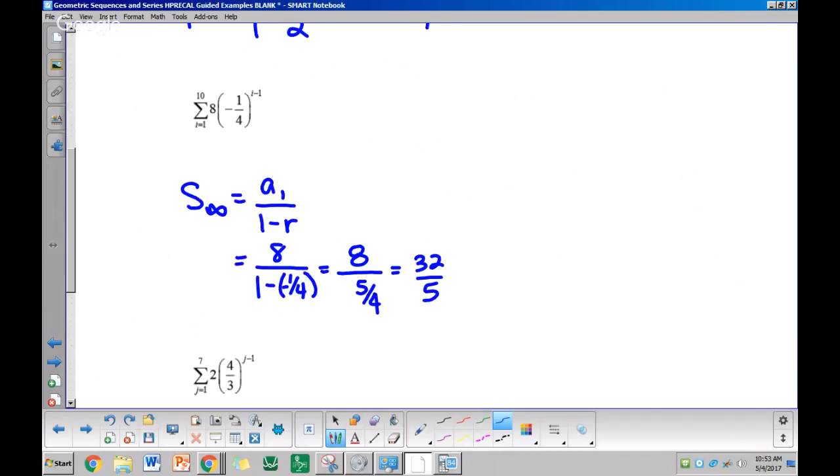I got 6.4. How about you? Did you get the approximate or did you get the 32/5? I got a huge number and then my approximate, which got me 6. You can put your calculator in exact mode, and it'll give you 32/5.